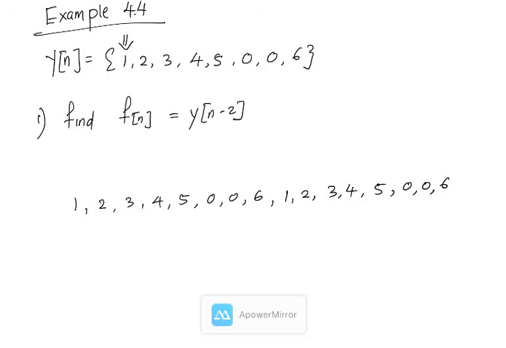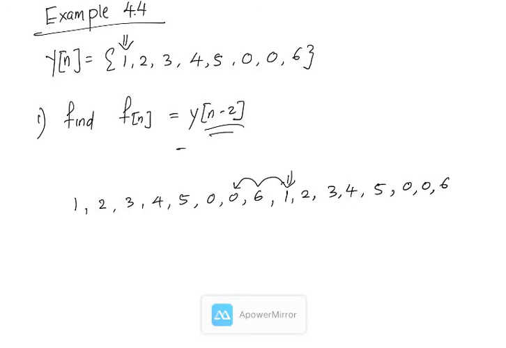So if f[n] is y[n minus 2], where is the origin? The origin is here, and n minus 2 means that you shift the origin 2 units to the left. For periodic signals, we always start at the origin n equal to 0.